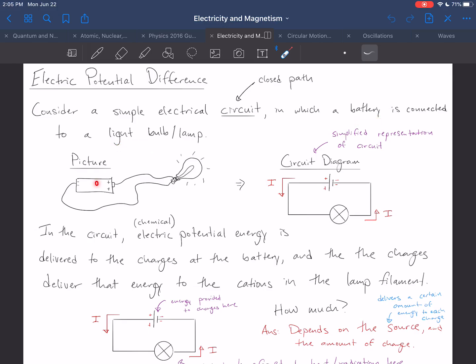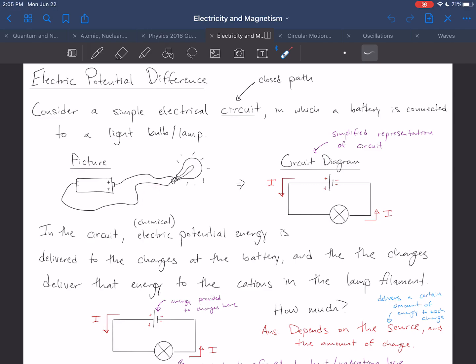Strictly speaking, this word for battery should probably be cell, so C-E-L-L. But for now, we'll just assume battery means the normal, everyday thing you would consider if I say the word battery.